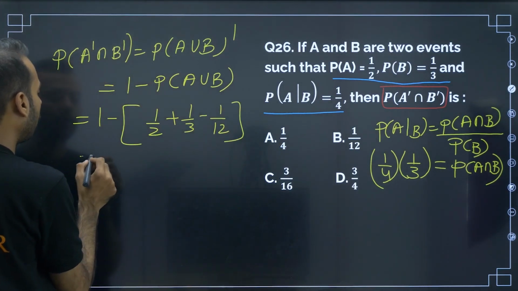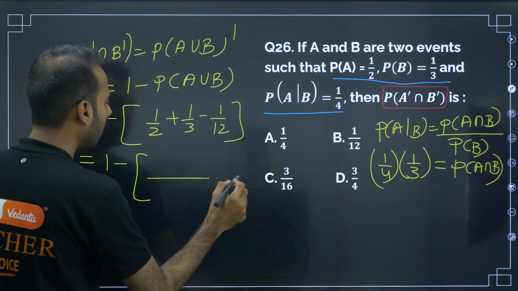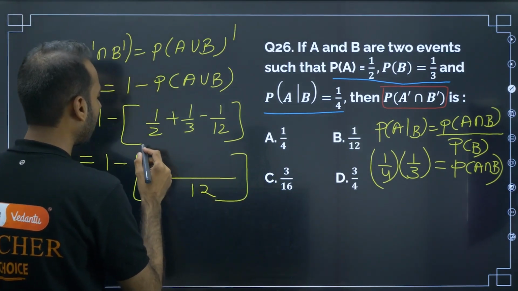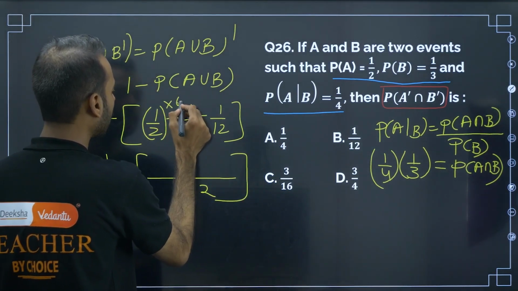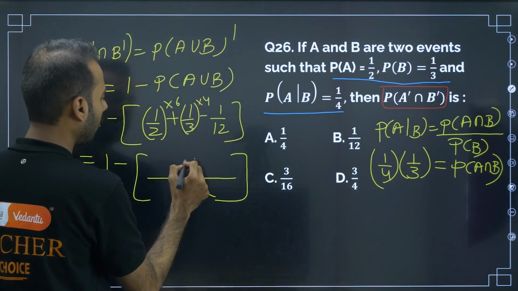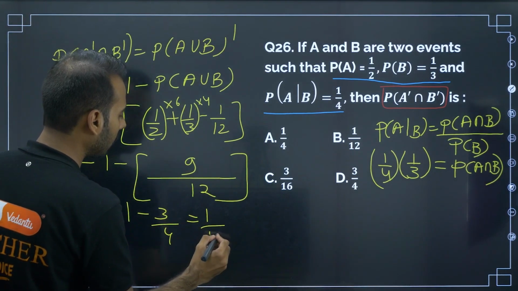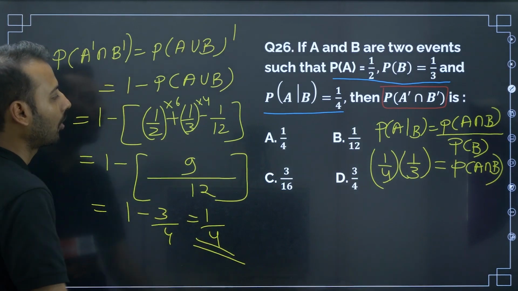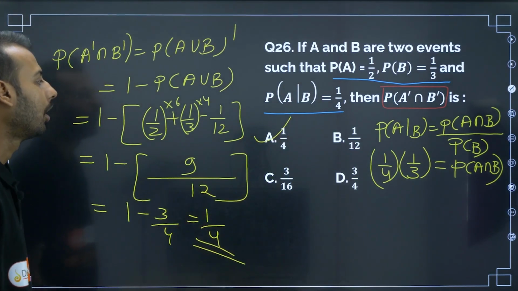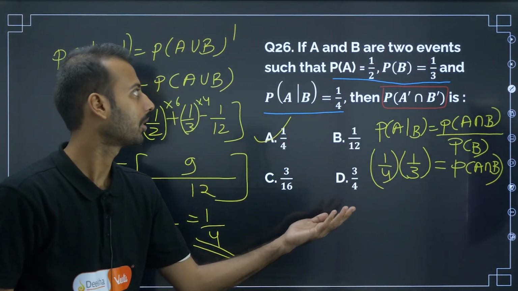If I go for simplification, 1 minus, taking LCM 12, 9 by 12, 1 minus 3 by 4 is equal to 1 by 4. Is there any such option? A is the answer. Again, easy question, hardly 30 seconds to solve this.